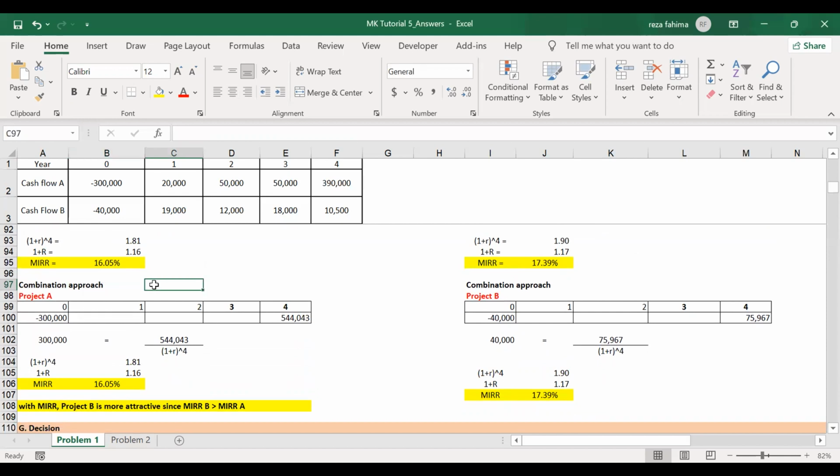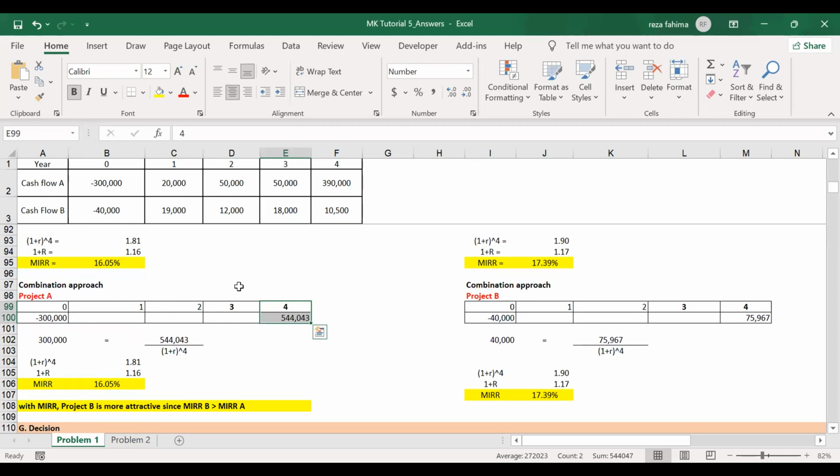And the last approach is the combination approach. In the combination approach, we discount all the negative cash flows to year 0, and we compound all the positive cash flows to the last period of the investment, which is the fourth year.